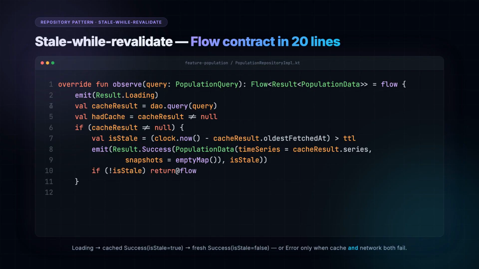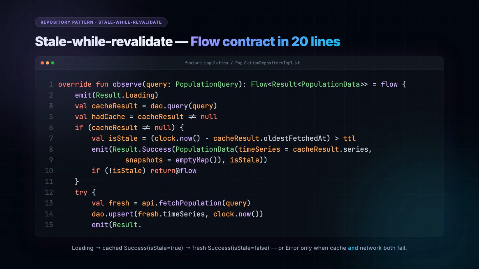If the DAO returns a non-null cache result, the repository computes isStale by comparing the clock.now instant to the cache's oldest fetchedAt timestamp. If the difference exceeds 12 hours, isStale is true. It emits success with the cache data and the computed isStale.